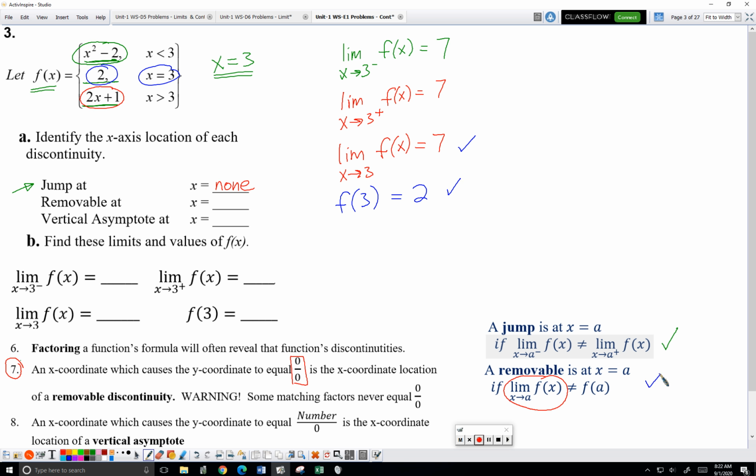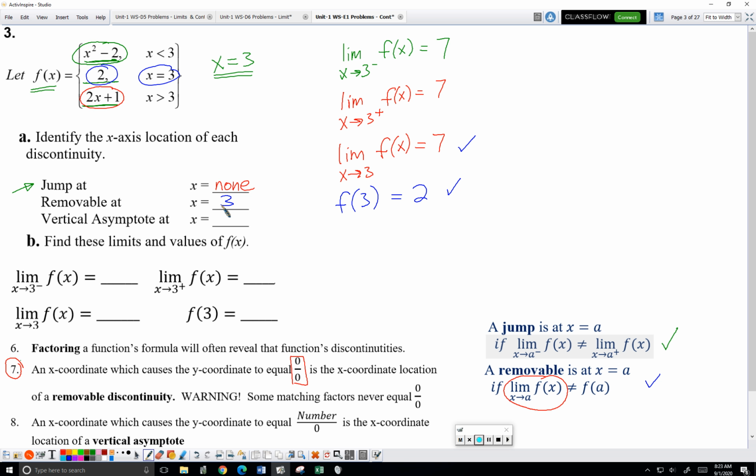So we have a removable discontinuity at x equal 3. So please show me hands if you got f of 3 equals 2. 2 points, 3 for Zarin. Question. Awesome.